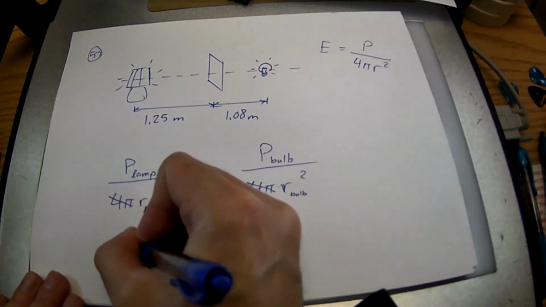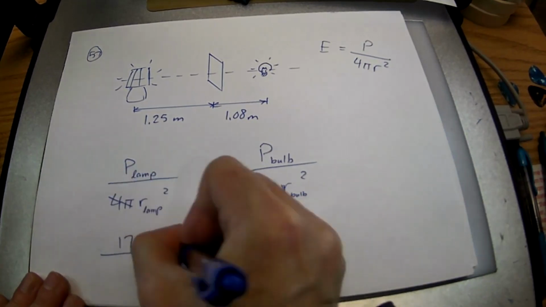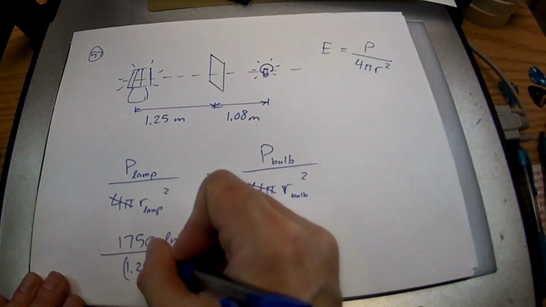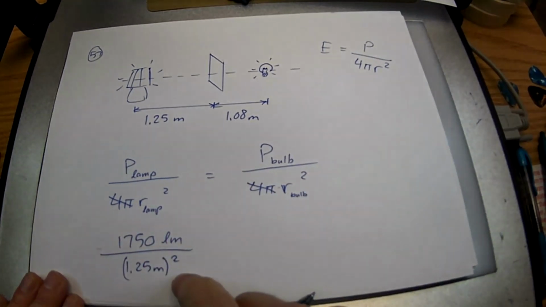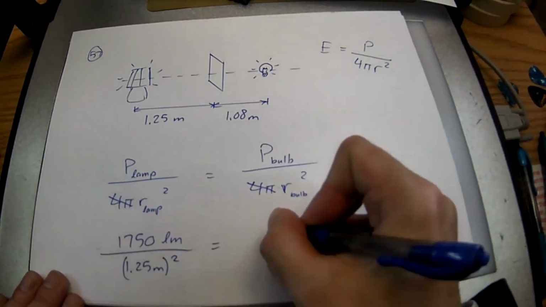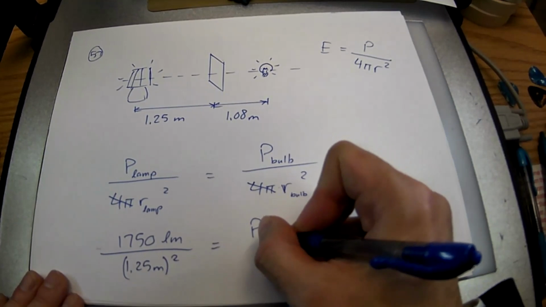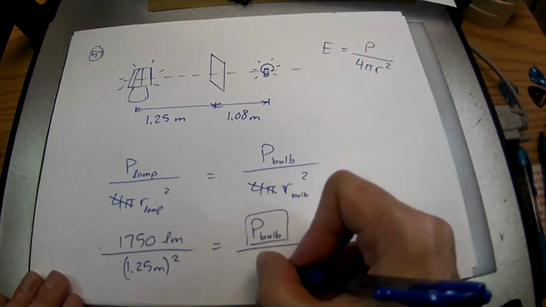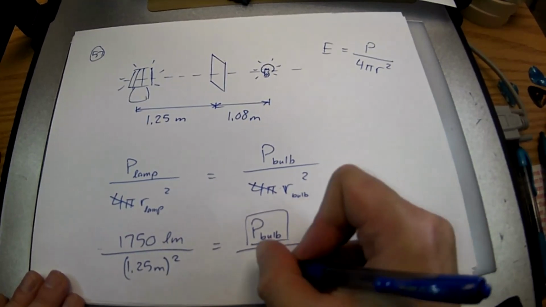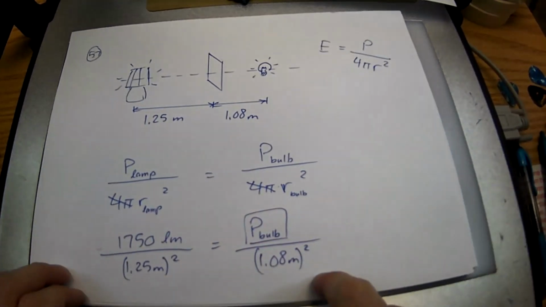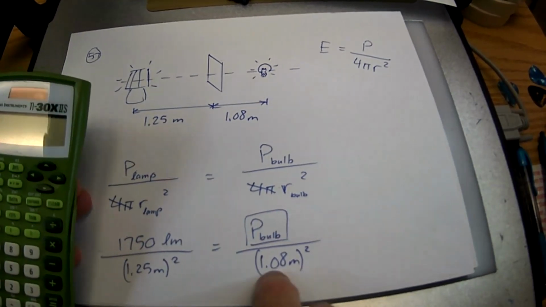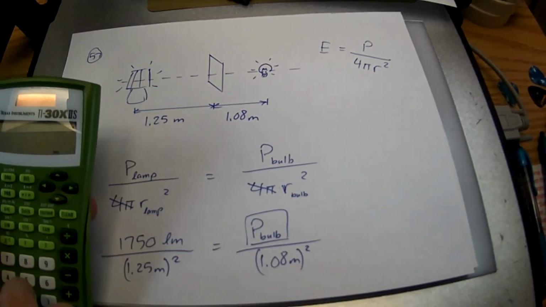So 1750 lumens divided by this distance of 1.25 meters squared, because inverse square law, is equal to the luminous flux of the bulb that we're solving for divided by 1.08 meters squared. So cross multiply and you'll get your answer.